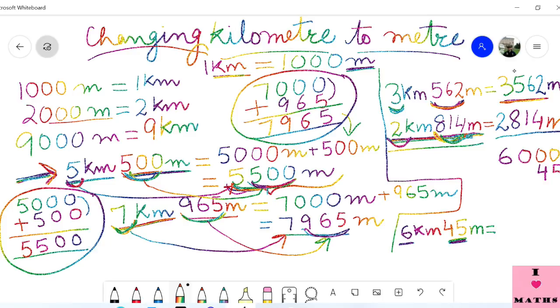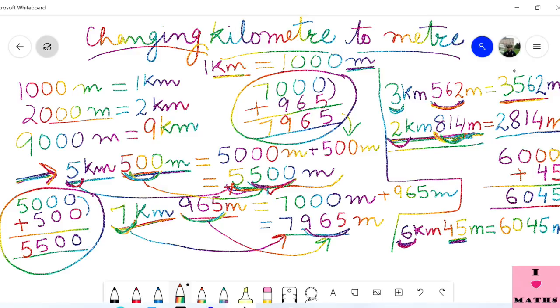So I will add 45 to this. I will get 0 plus 5 is 5, 0 plus 4 is 4, 0 and 6. So the answer is 6,045 meter.